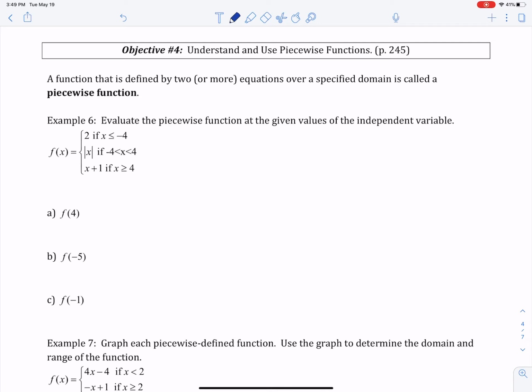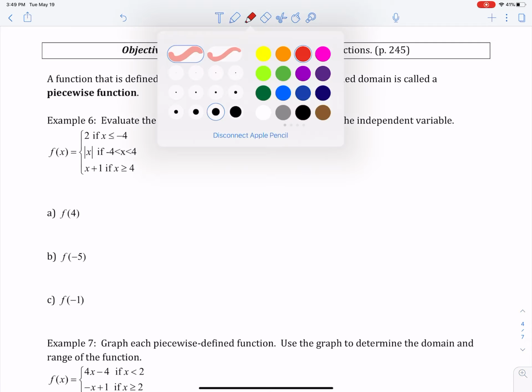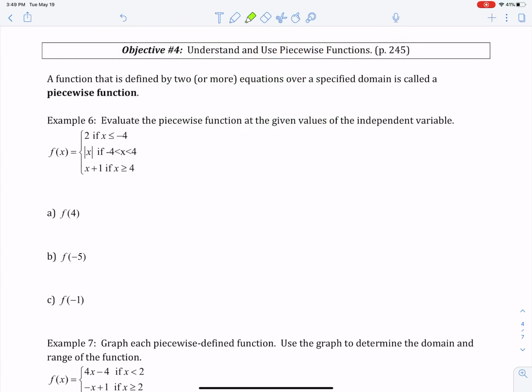Well, the piecewise function's domain is given after the "if" in the problem. So that's the domain of the function. It is said that x can be less than -4.